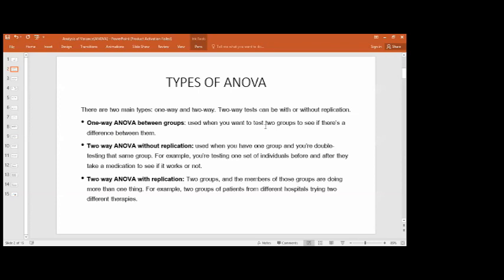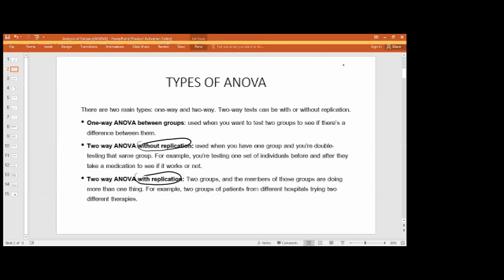For example, we have a set of numbers and I want to calculate its mean. I will add all the numbers and divide by the total number of observations. The answer will be the mean.